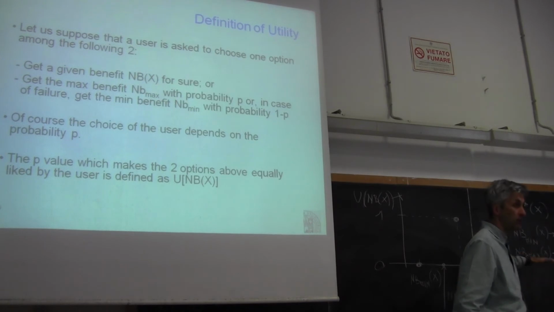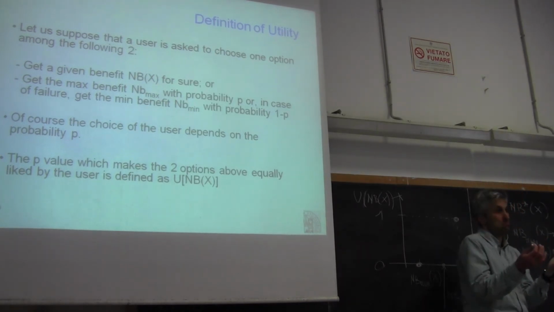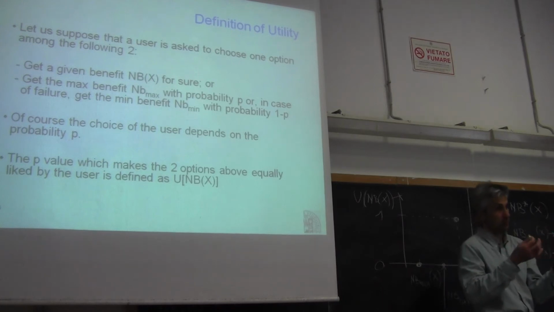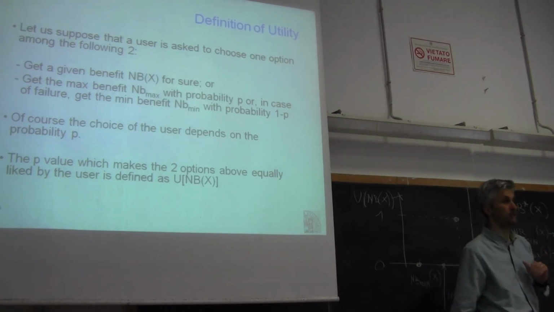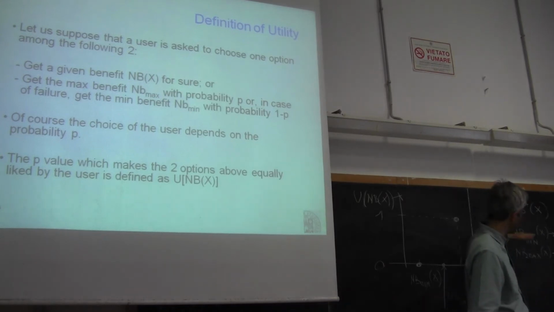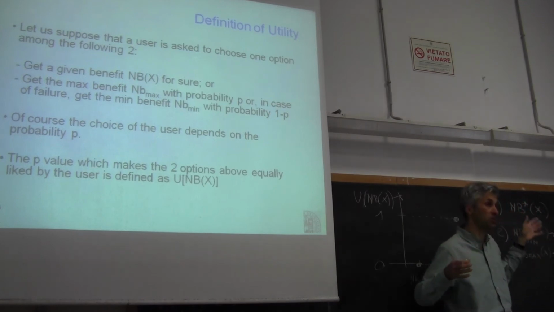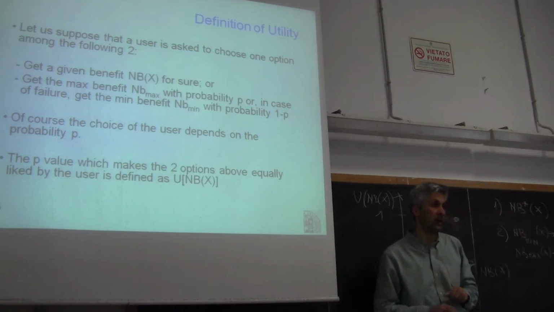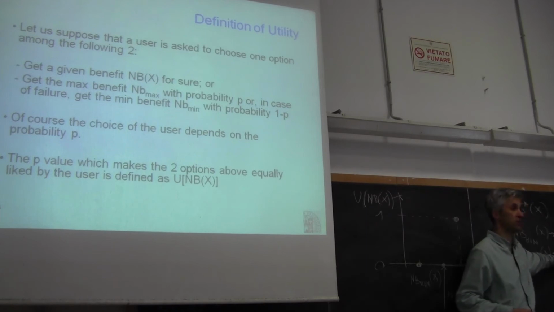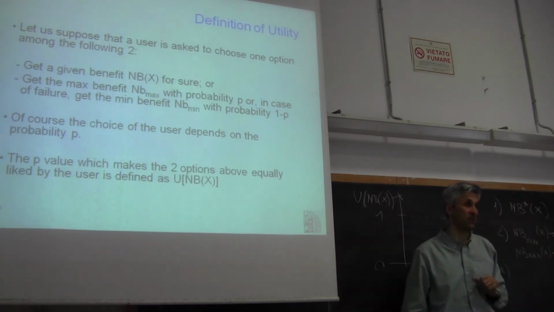But if the probability of getting the maximum increases, you will arrive at a certain point where you are tempted to take the risk. And therefore, you get to a value of the probability which makes the two alternatives equivalent.